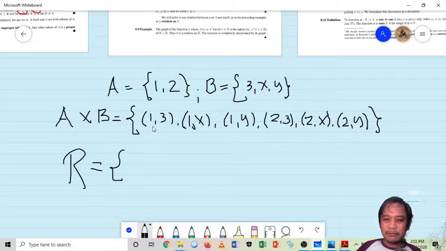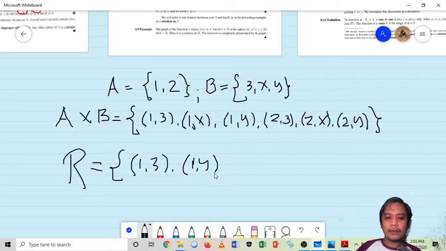So let's say we'll just take some, not necessarily all elements of the cross product. Let's say we take 1, 3. We also take, let's say, 1y. And let us just say 2, 3. So suppose these three are the only elements of the relation R.